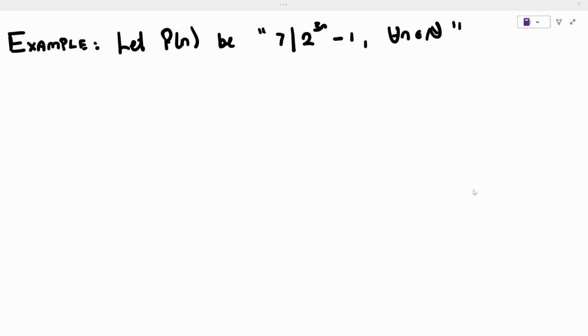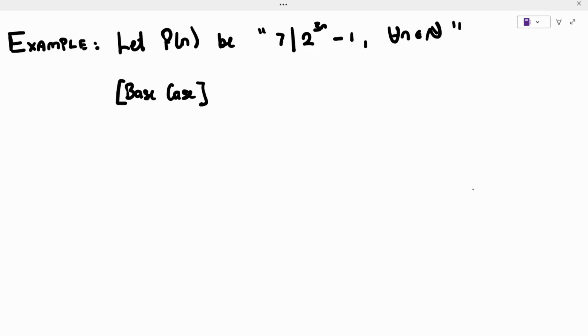Okay, so this next example is a divisibility one. We have P(n) is the proposition that 7 divides 2 to the power 3n minus 1 for all natural numbers n. So it's the same format. We need to prove our base case first.